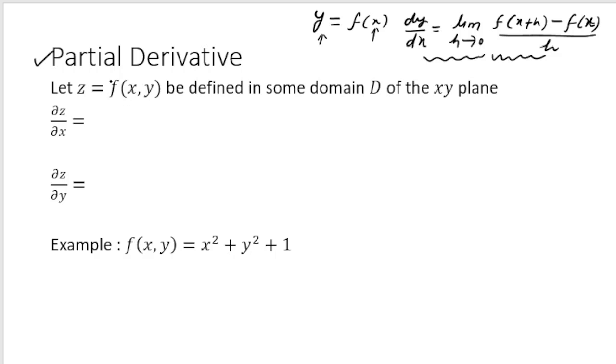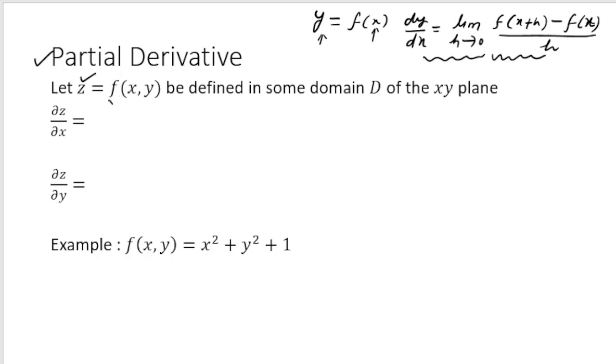In case of partial derivative, we extend the idea, but the important observation is that when we are talking about partial derivative, it is inherently based on a function having more than one independent variable. If you look at this function, it has two independent variables, x and y, and the dependent variable here is z.